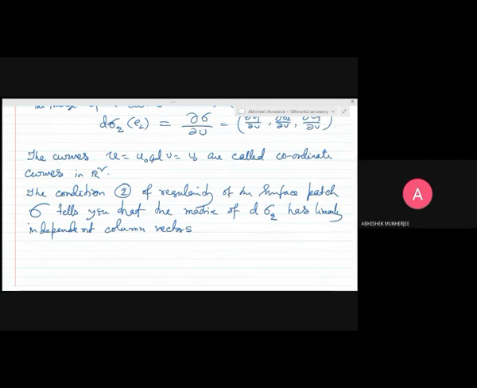That means the vectors del sigma del u and del sigma del v are linearly independent.